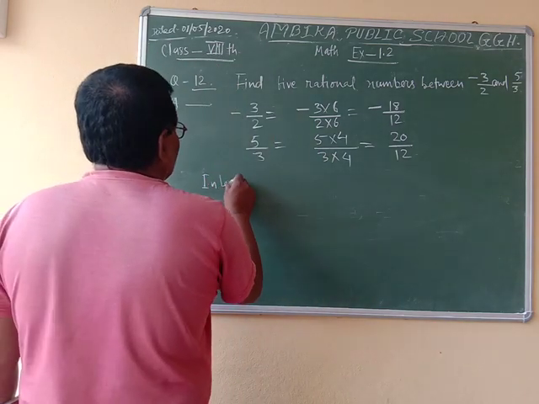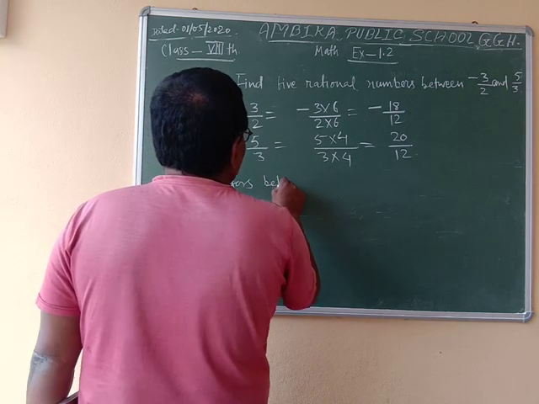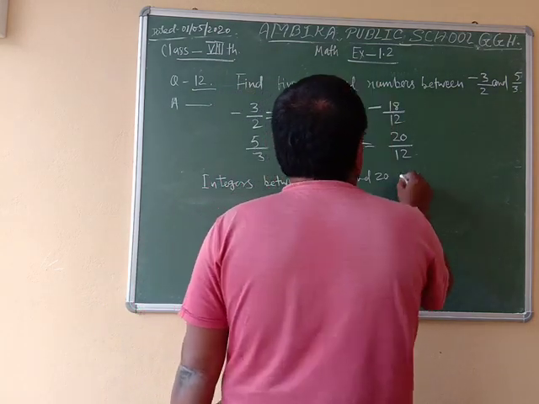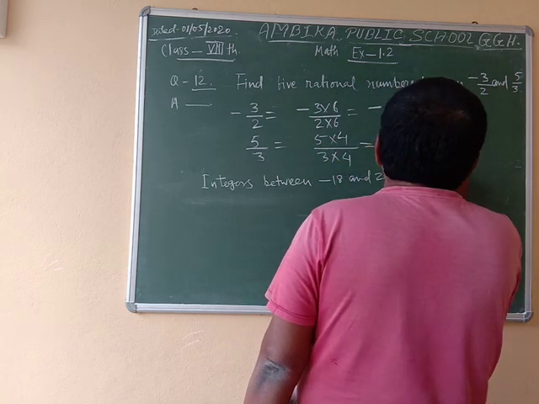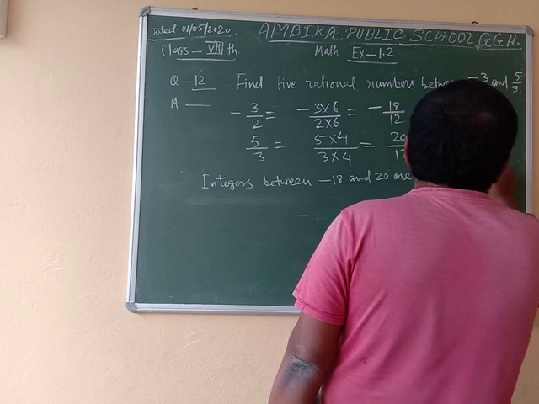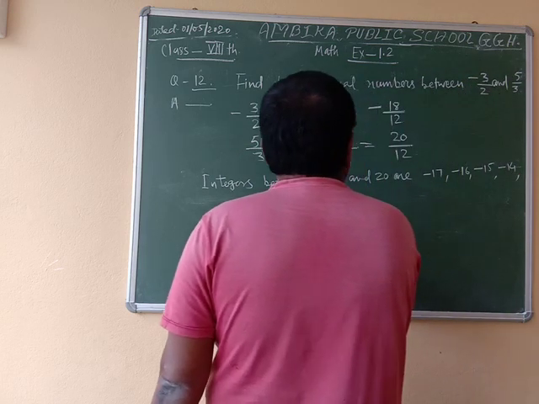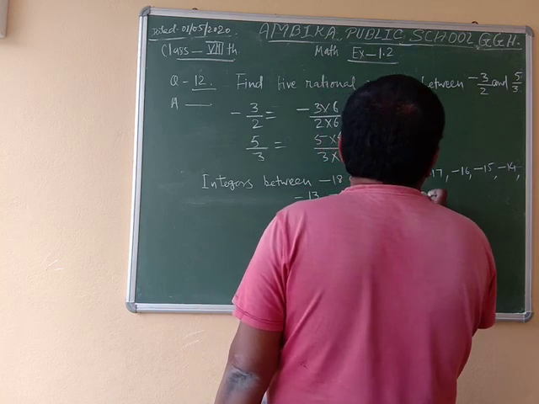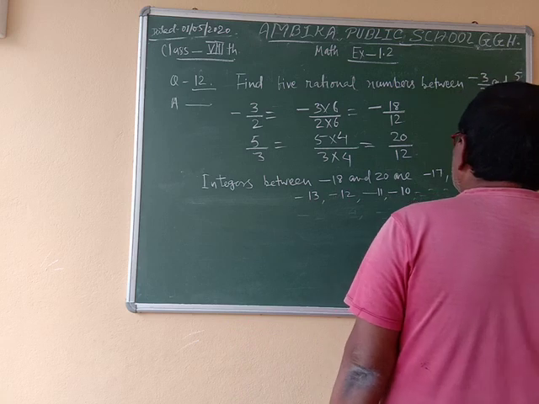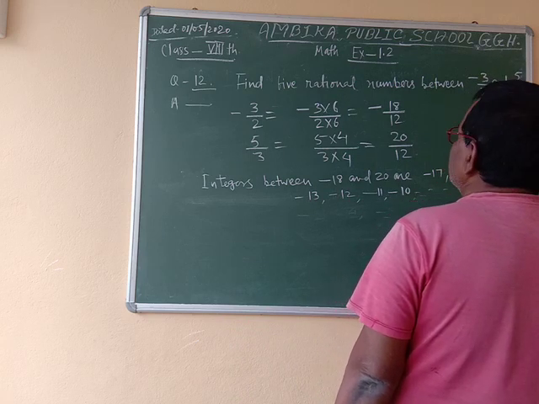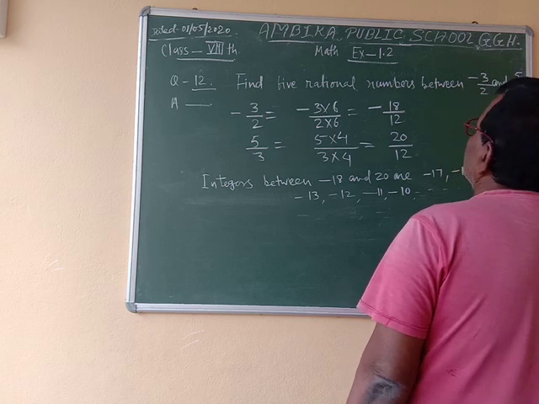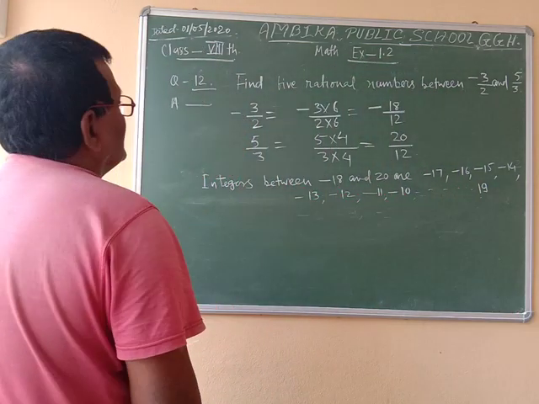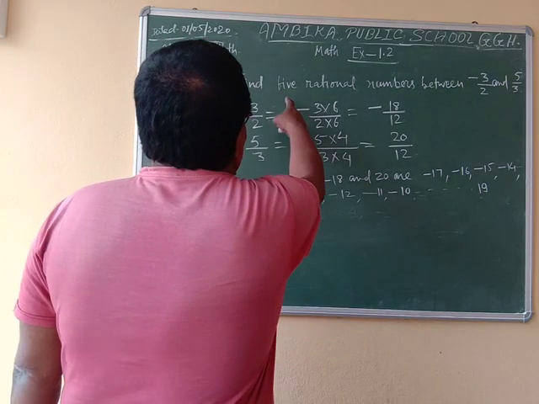Integers between minus 18 and 20 are minus 17, minus 16, minus 15, minus 14, minus 13, minus 12, minus 11, minus 10, and so on up to 19. But we have to take 5 rational numbers.